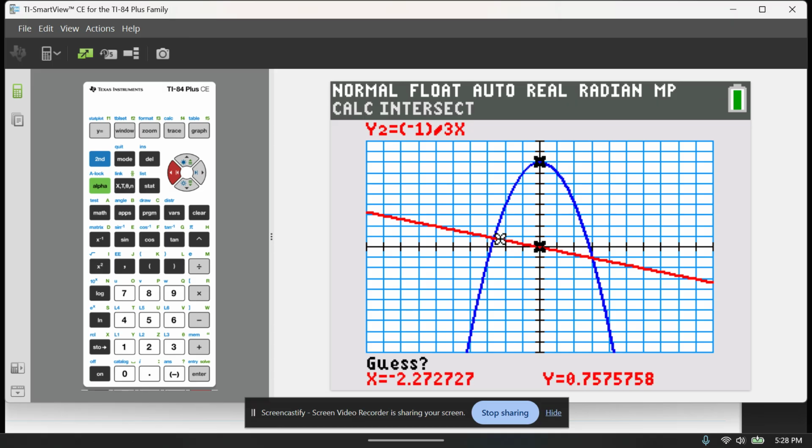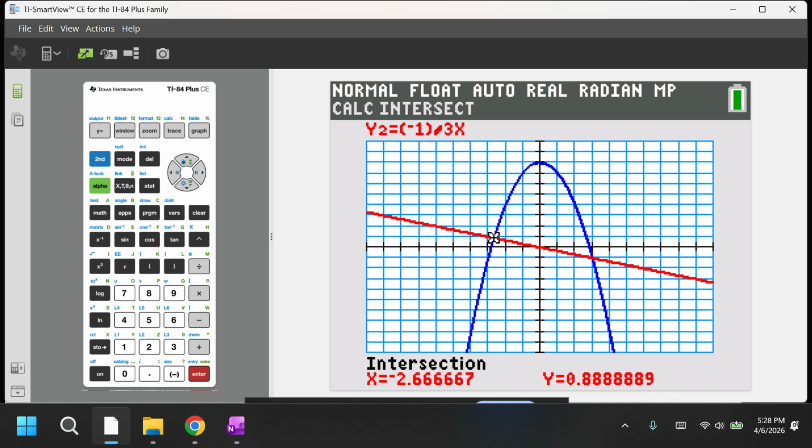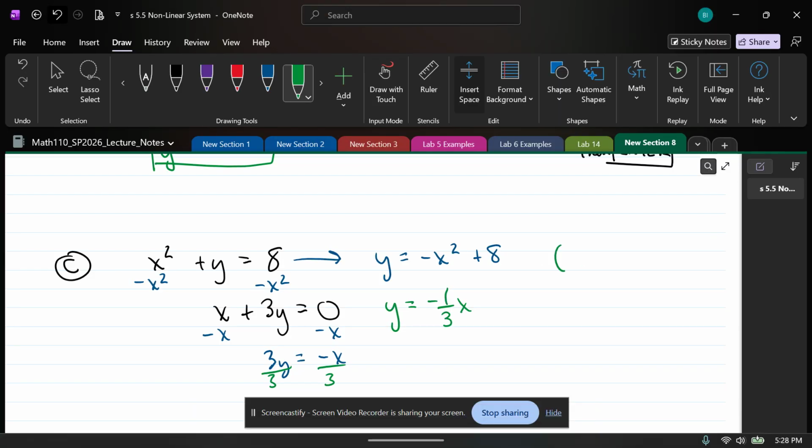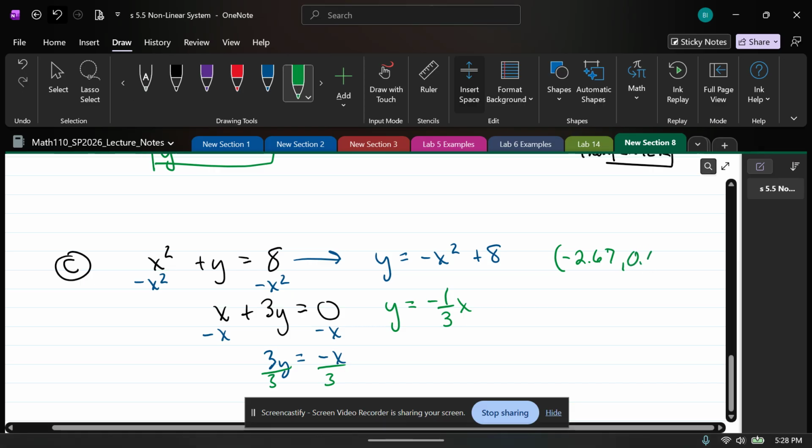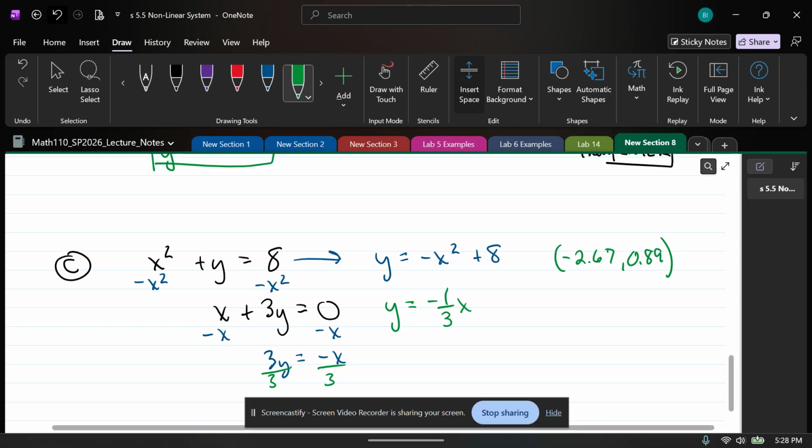I'm closer to that point than I am the other one, so I'm going to hit enter. There's me a decimal approximation for that. So about negative 2.67 and positive 0.89. Negative 2.67, positive 0.89. That's one solution.